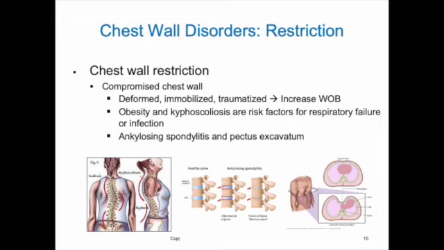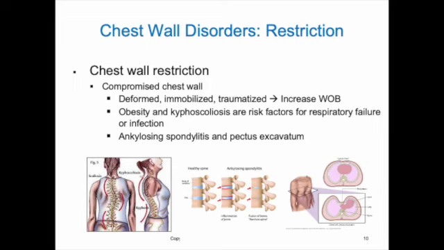But because of this, there could be a deformity of the thoracic cage. Also, pectus excavatum, which is a deformity where you see a depression in the sternum. You can see this in the last picture there. This also is a deformity of the chest wall and could cause ventilatory issues and impairments.